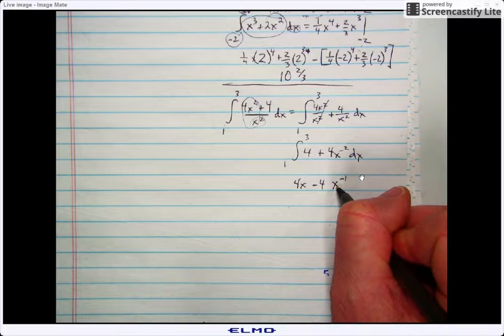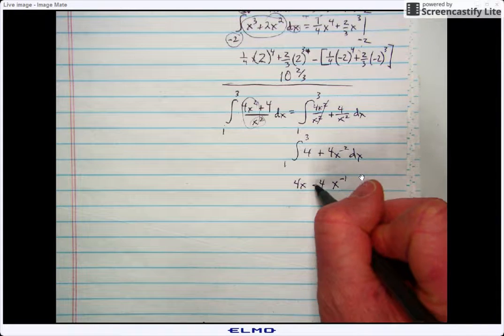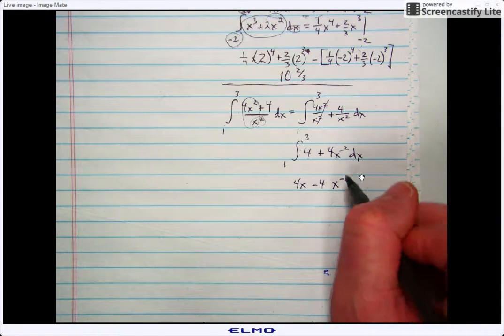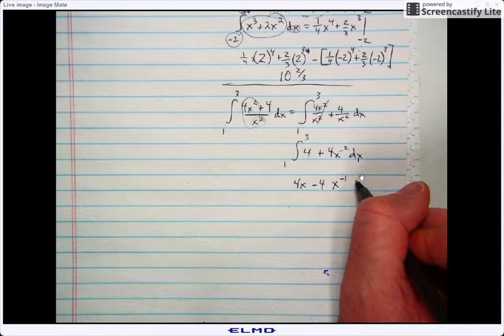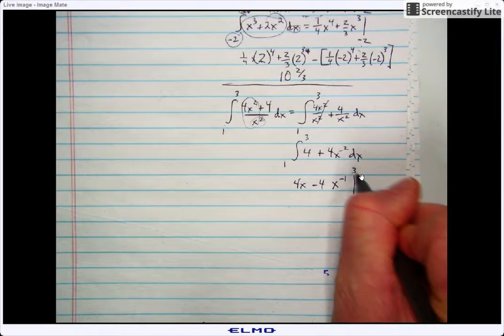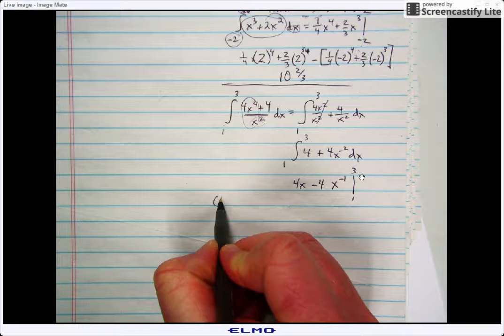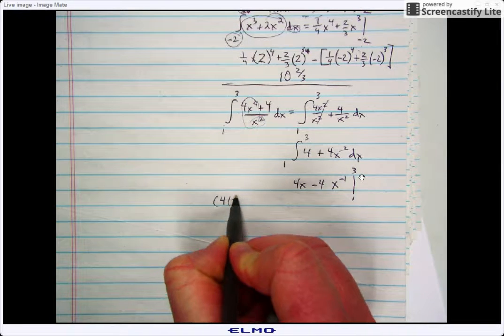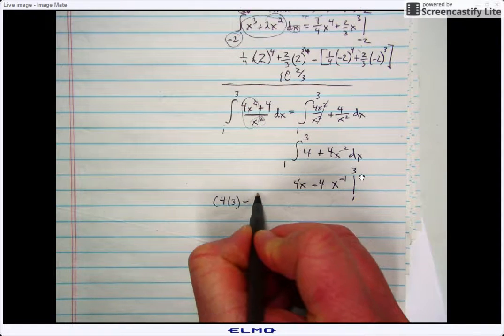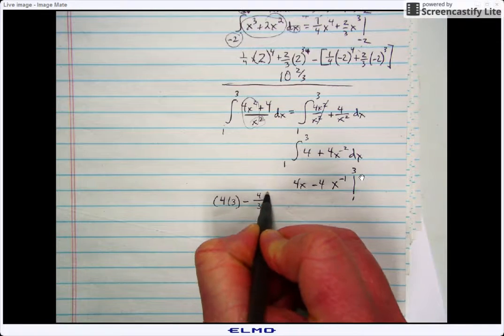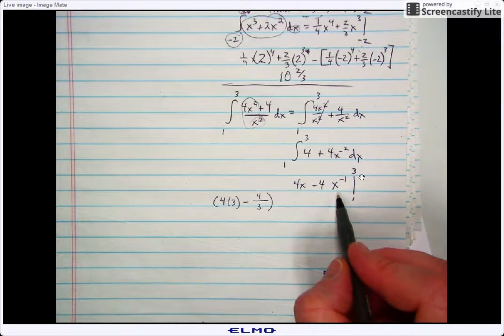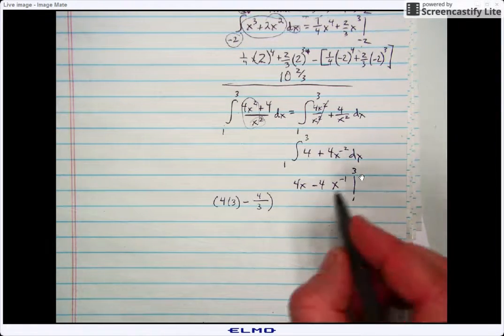Can you check it to see if it works? The derivative is 4x to the negative 2. Good place to stop and check is right there. 4 times 3 minus 4 over 3. X to the negative 1 means denominator.